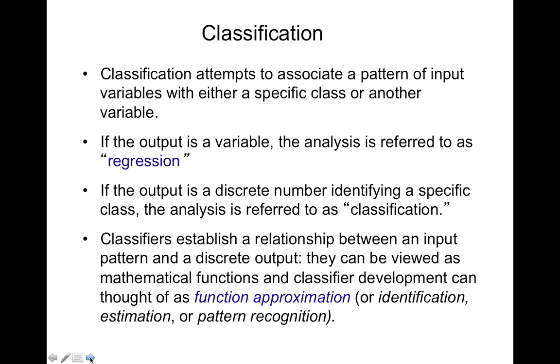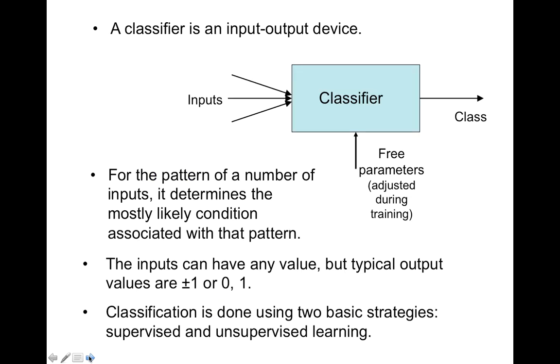They can be viewed as mathematical functions, and classifier development can be thought of as function approximation, identification, estimation, or pattern recognition. All of these terms are used sometimes with different subtle nuances of meaning, but typically all of these terms are used.